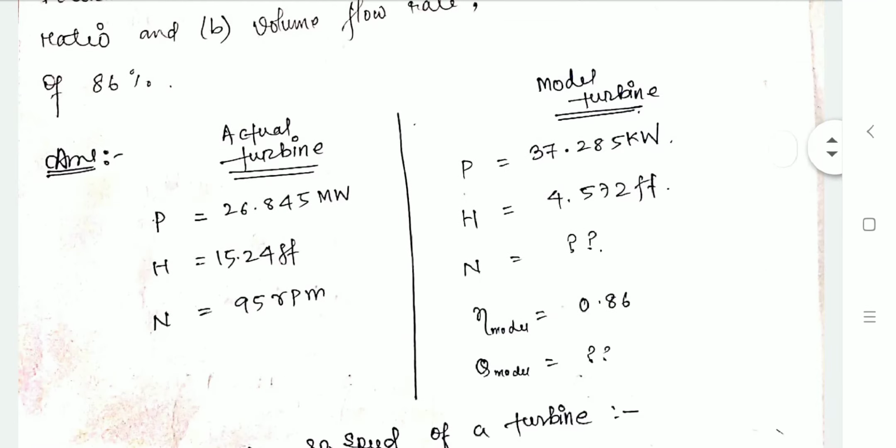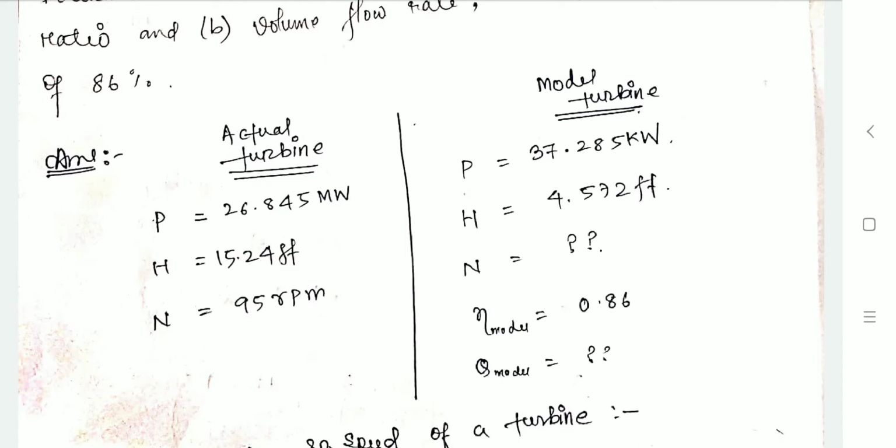So here I made two columns separating the parameters for the actual turbine and for the model turbine. On the left side we have the parameters for the actual turbine. The output power is 26.845 megawatt, net head is 15.24 feet and rotational speed is 95 rpm.